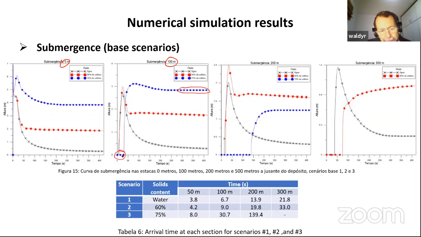At that point, we're going to see the material accumulates there and has a high elevation for this accumulation. And then you see, as time goes by, there is no more change in the heights. It means that for this particular discharge of 75% tailings, at this section, this material is going to remain there. So like 3 meters of material there.